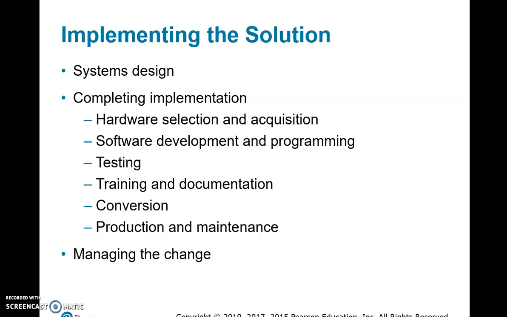And also at that time, you need to have views on maintenance, how to maintain the system in the future. So the systems maintenance people have to be involved at that point, after the implementation is done or just before the implementation is done.